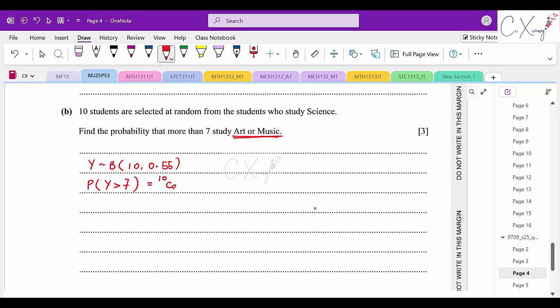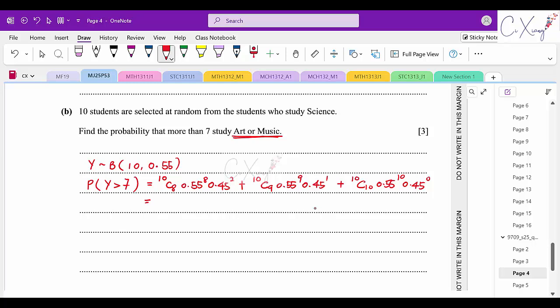So 10C8, 0.55 power 8, 0.45 power 2. Then 10C9, 0.55 power 9, 0.45 power 1. Then 10C10, 0.55 power 10, and also 0.45 power 0.